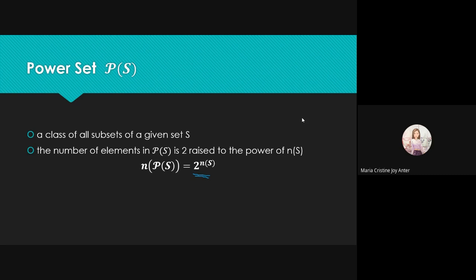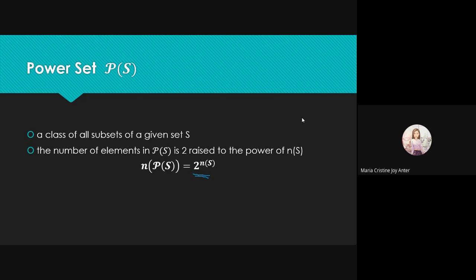So kato ganina, gikan sa set S nga naay upat ka elements, ang isulod sa class A kay tagtulo ka elements ra. Sa power set, ang set nga isulat nimo kay tanan possible subsets ana nga given set.